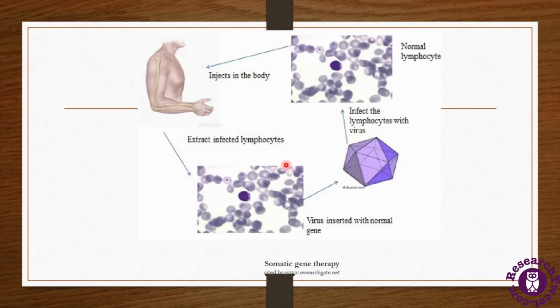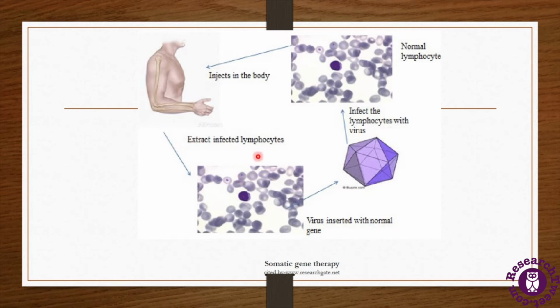Now, another type of gene therapy is somatic gene therapy, and somatic gene therapy can be completed in the somatic cells of our body. So basically this is the diagrammatic presentation. Here we can see a patient having infected lymphocytes or white blood corpuscles.